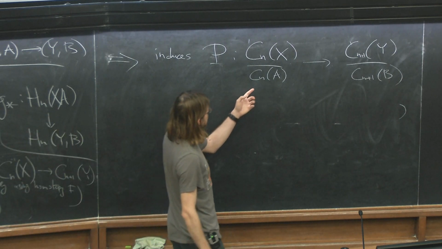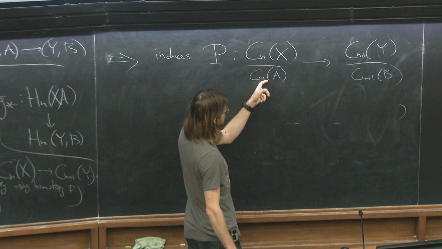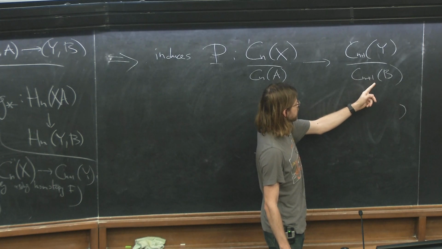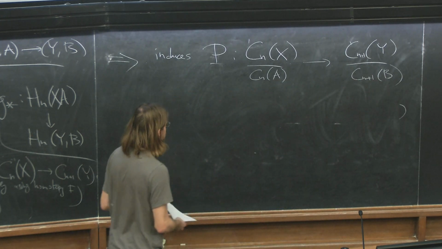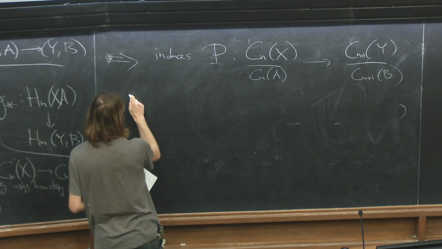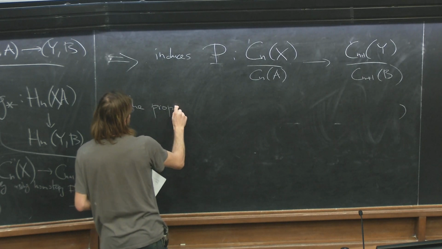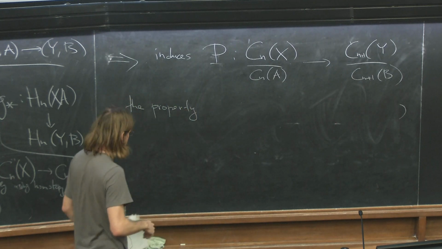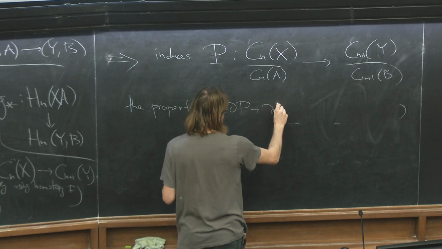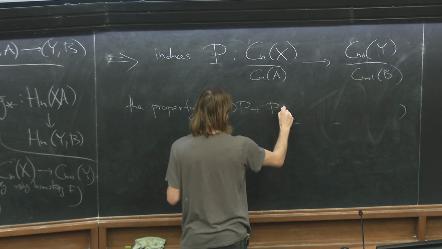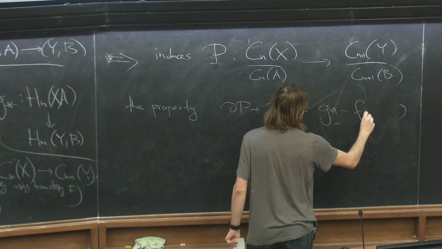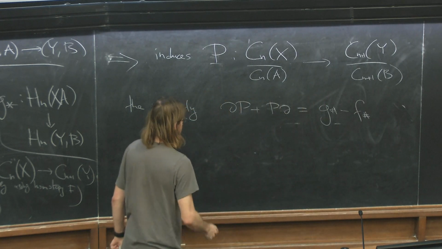If we take a different representative, which differs by an element in the denominator, the result will differ by an element in the denominator because of our inclusion property. So it is well defined, and the property which we had before for the prism operator in the non-relative case, namely that it satisfies the following identity, still holds.